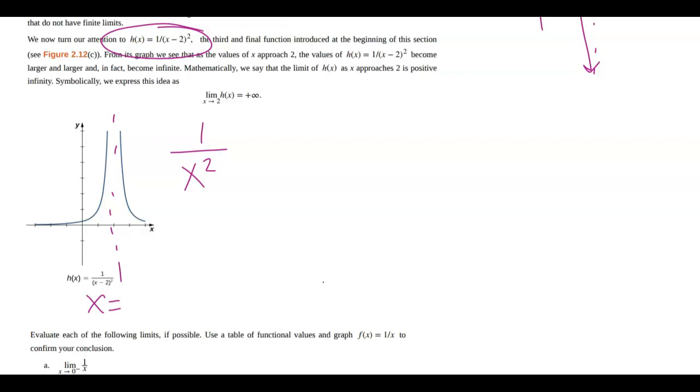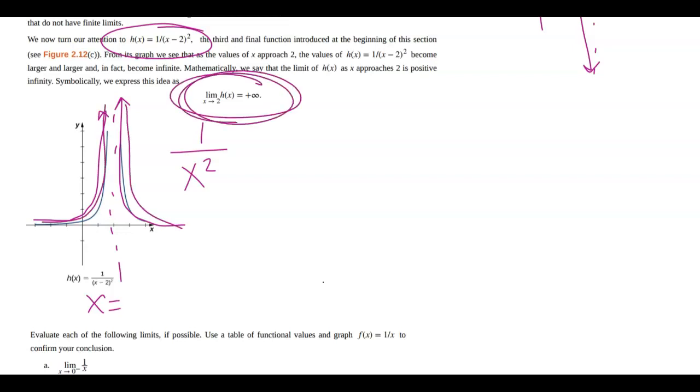Notice that as you approach 2 from the left, the values go to infinity. As we approach values from the right, our outputs go to infinity. So we can say, since it approaches infinity on both sides, as x goes to 2, our outputs approach infinity. We can say the limit as x goes to 2 of h of x goes to positive infinity.